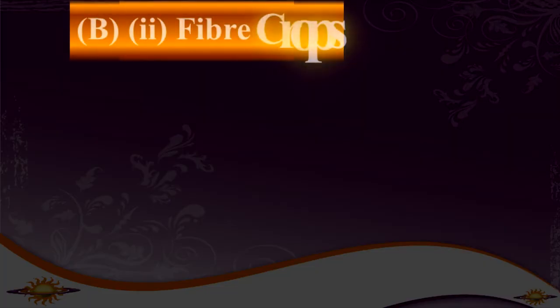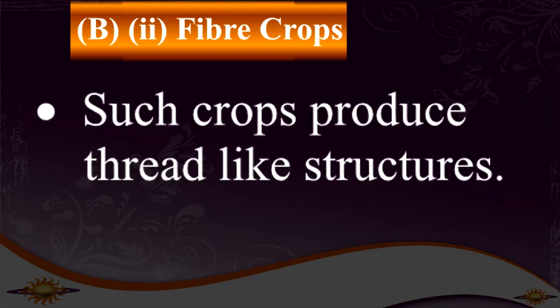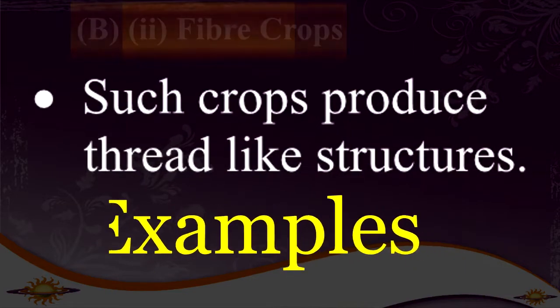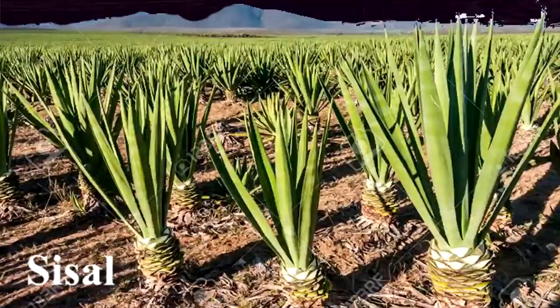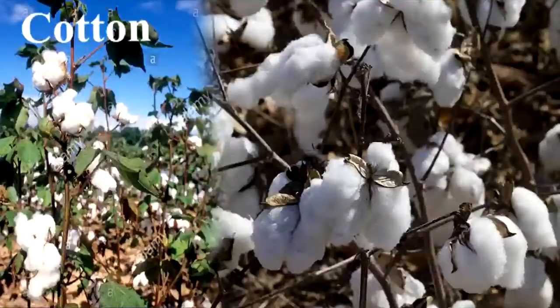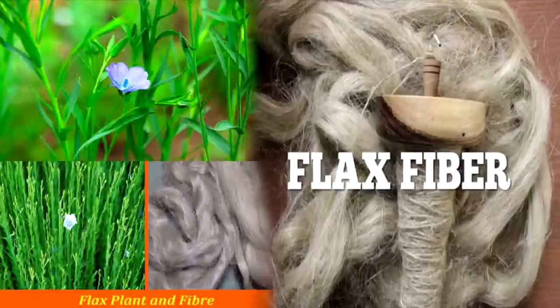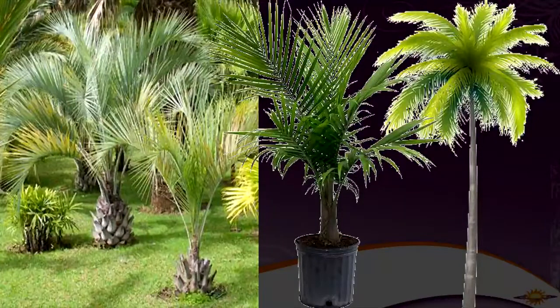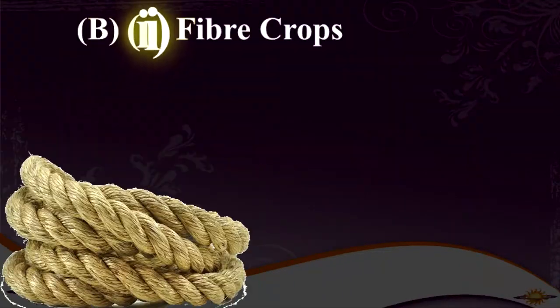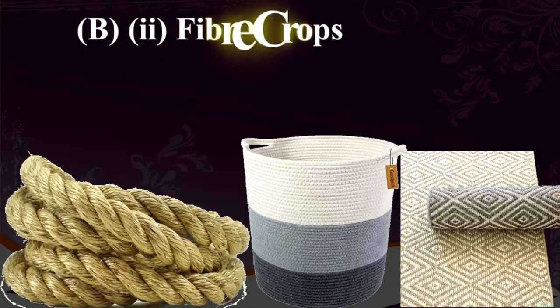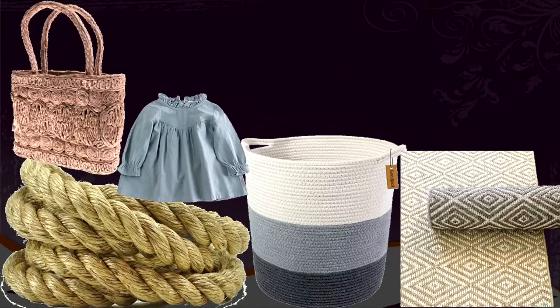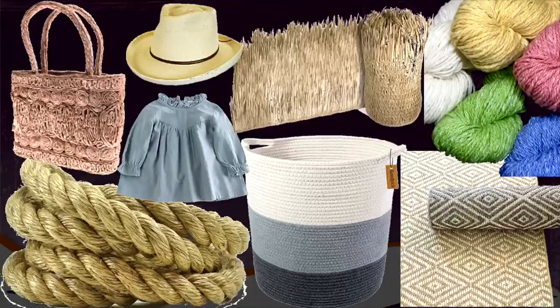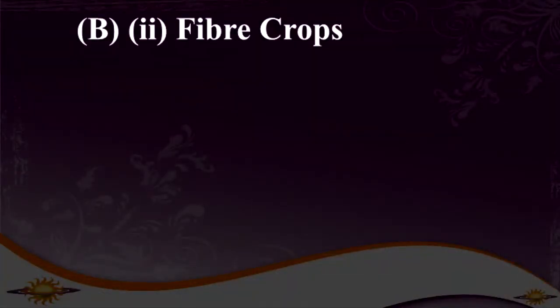Apart from the beverage crops, we also have the fiber crops. Such crops produce thread-like structures. Examples include sisal, cotton, flax, and palm tree. Their thread can be woven to make ropes, baskets, mats, clothes, sacks, etc. Let's see the use of a few of their products.